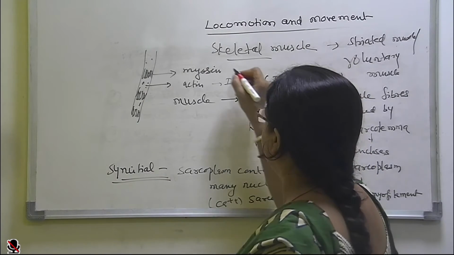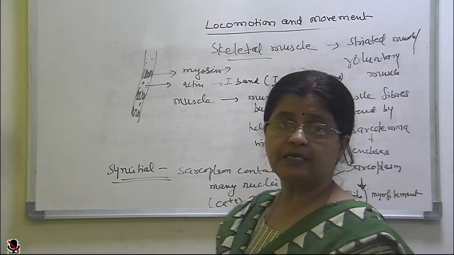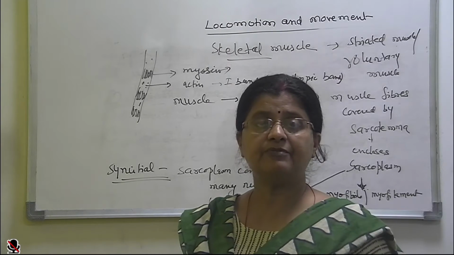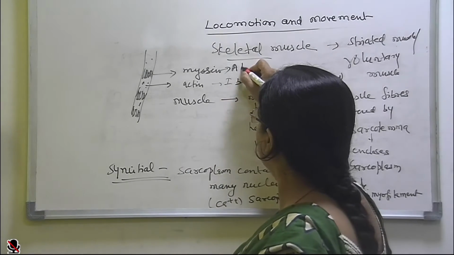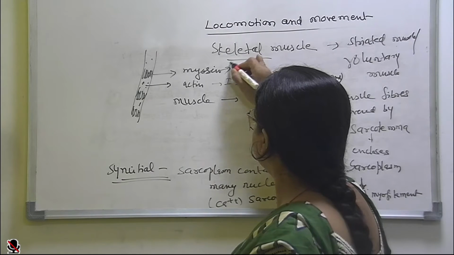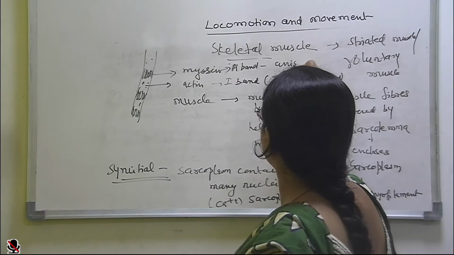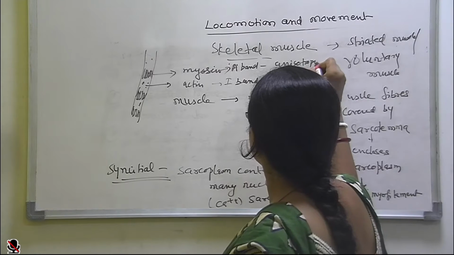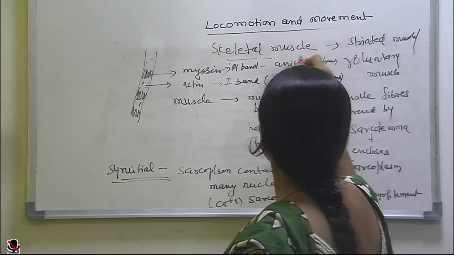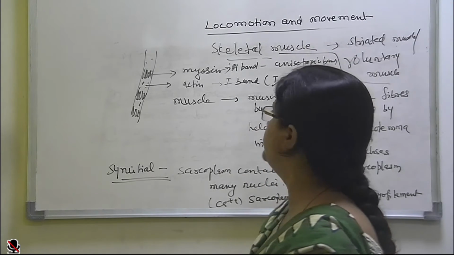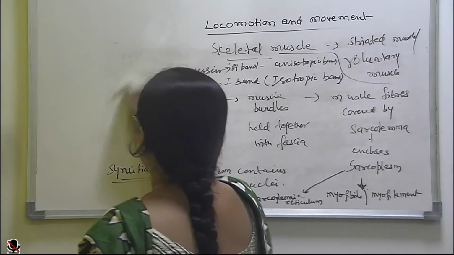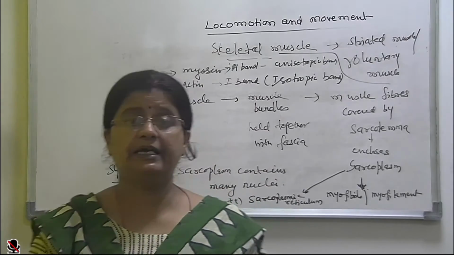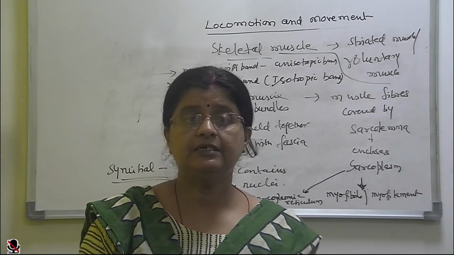But the myosin, which is the dark band, is thick. So this forms the A band, that is, the anisotropic band. Now this isotropic and anisotropic band is clear.